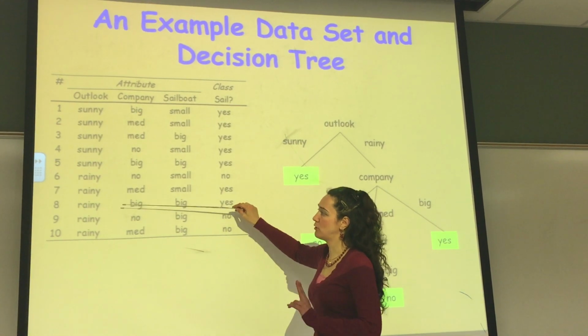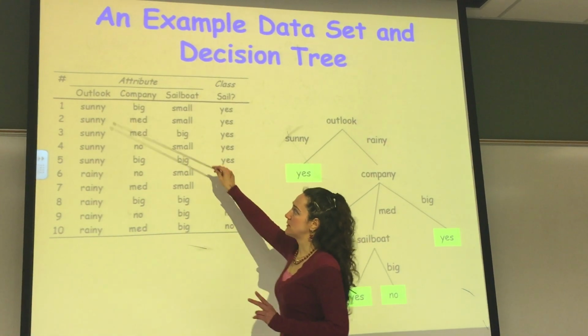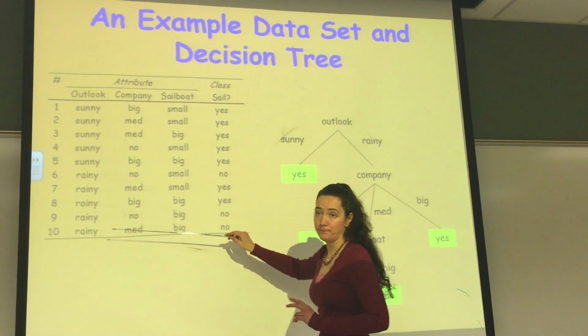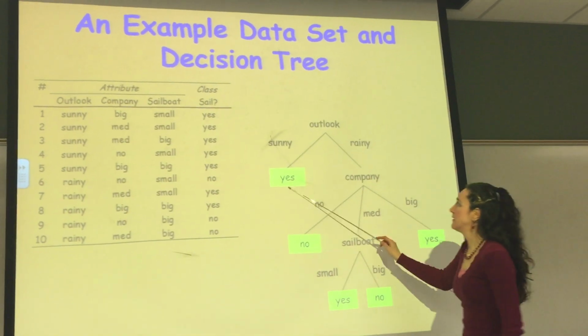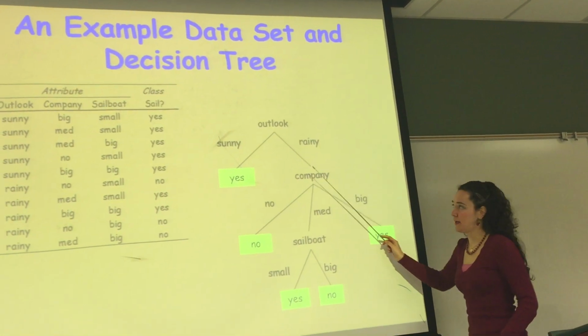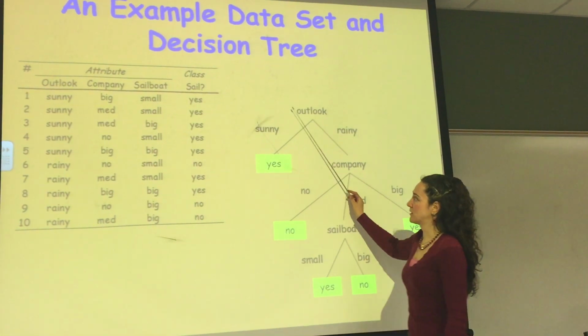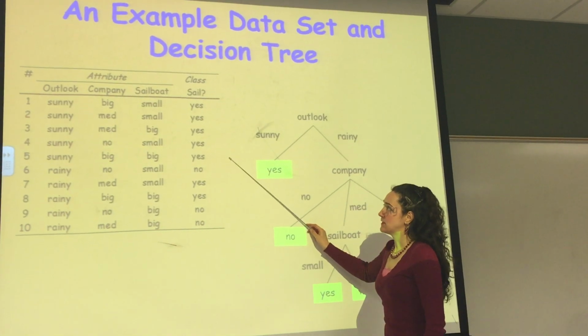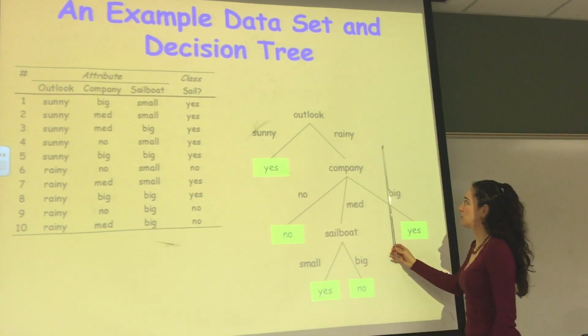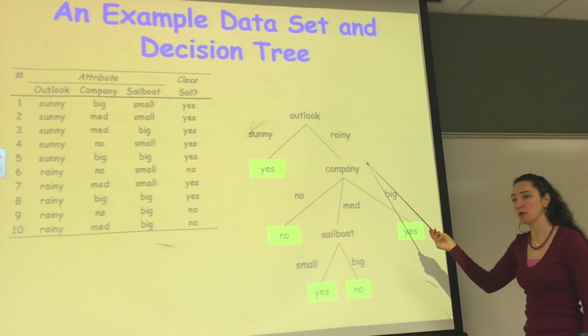In this case, there's only two values. It's either outlook is sunny or the outlook is rainy. So we are splitting the data into two parts. The one part has the records or the objects that have the sunny outlook, and the other part is the objects that have the rainy outlook.